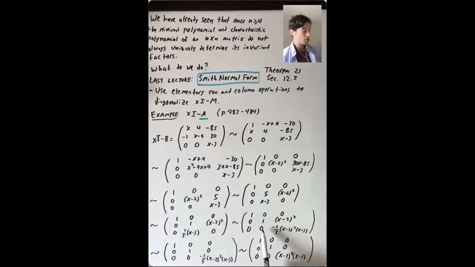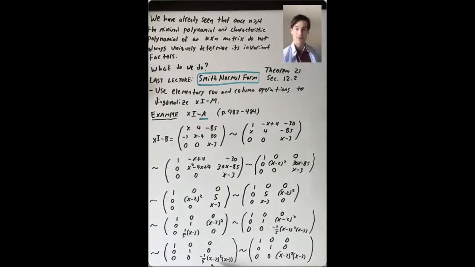Okay, so that seems like it's bad news. But the good news is I have 0, 1, 0 now as my second column. So I can take an appropriate multiple of that column to get a 0 in the thing to the right of it. So let's do that. Now we're in very good shape because we have 1, 0, 0, 0, 1, 0, 0, 0, and then whatever this is, minus 1/5 x minus 2 squared times x minus 3.